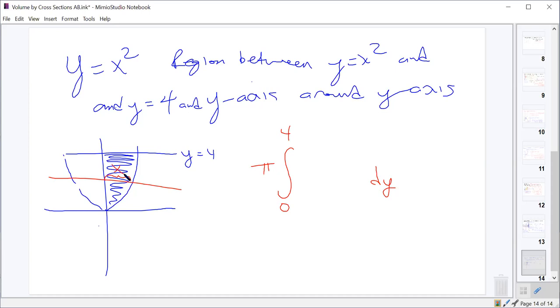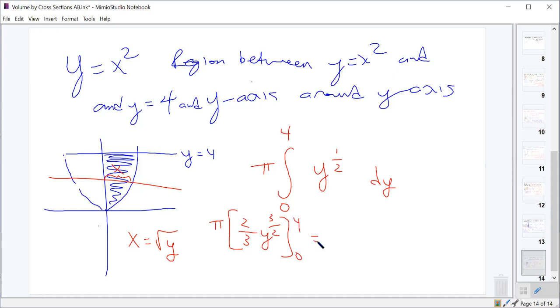So all we have to do is figure out what x is in terms of y. What is x in terms of y? The root of y. Everybody agree with that? So we're just looking at square root of y, or y to the 1/2. And then we'll integrate that. Integral of y to the 1/2 ought to be 2/3 y to the 3/2 from 0 to 4.